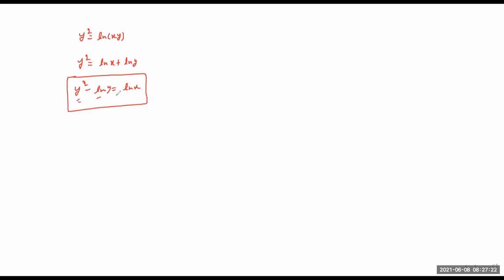This minus this equals this, right? Okay, that expression was wrong, my bad. So now here we have y square minus ln y equals ln x. And now we cannot put y as a function of x again. So this is essentially an implicit function. So you have to differentiate.